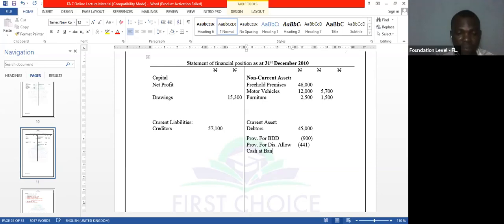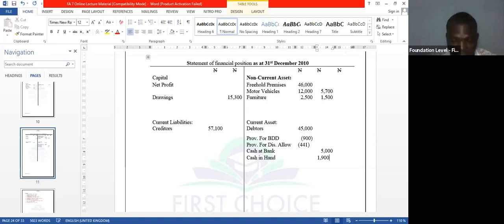What is the cash at bank figure? We have cash at bank to be 5,000, with no additional information. After that, we have cash in hand, and the value for cash in hand is 1,900.